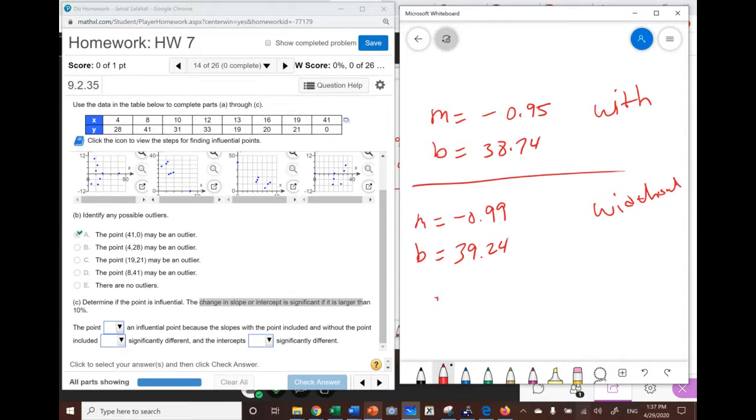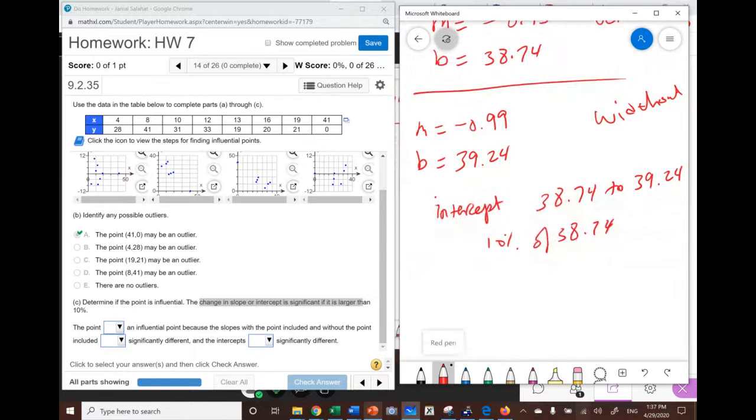Let's take intercept, for example. The intercept changed from 38.74 to 39.24. Notice that 10% of 38.74 is equal to 3.87 something, because 10% is just moving the decimal one place.